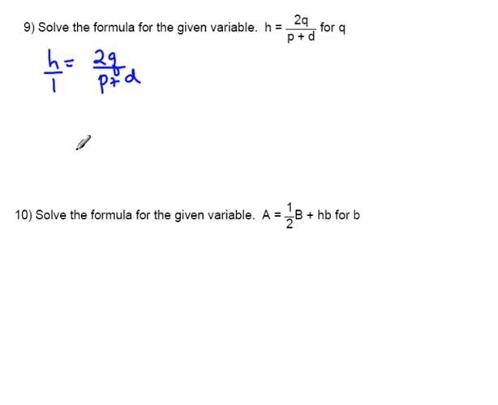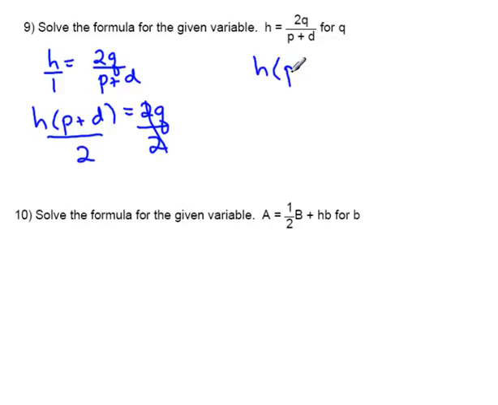And remember, when you have a proportion, you can cross multiply. So that's h times the quantity p plus d equals 2q. And we're trying to solve for q, so all we have to do is get rid of the 2 by dividing. So you divide out the 2's and you get h times p plus d all over 2 equals q.